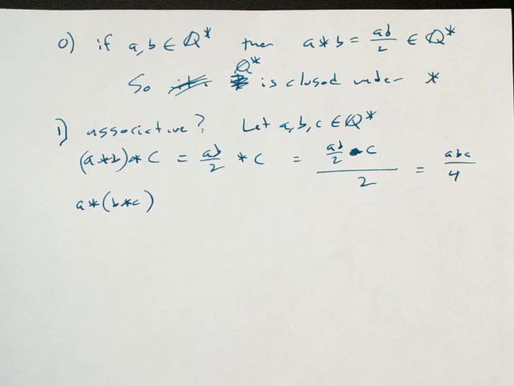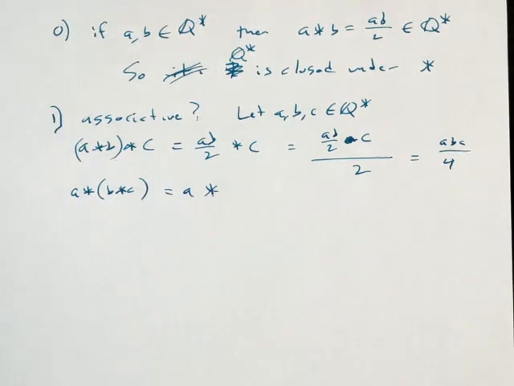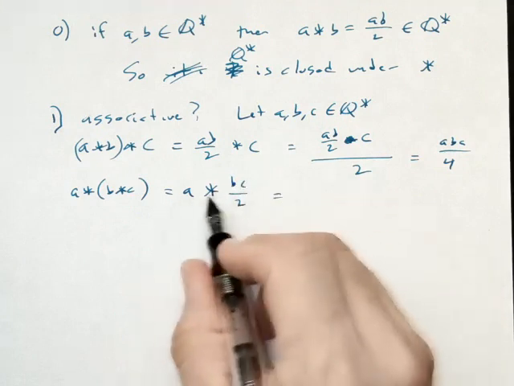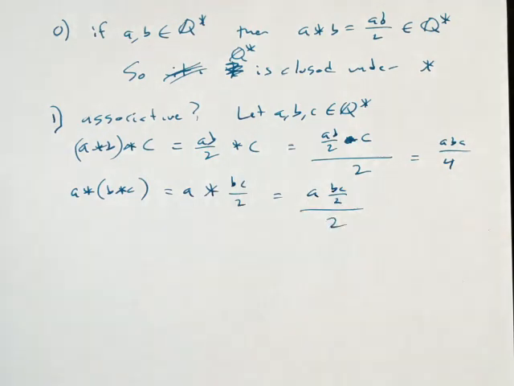Now do it in the other order. What if you do BC first? A star BC over 2. And then when I do the star there, I get A, BC over 2 over 2. On the top, I have ABC over 2. Then it's over 2 again.